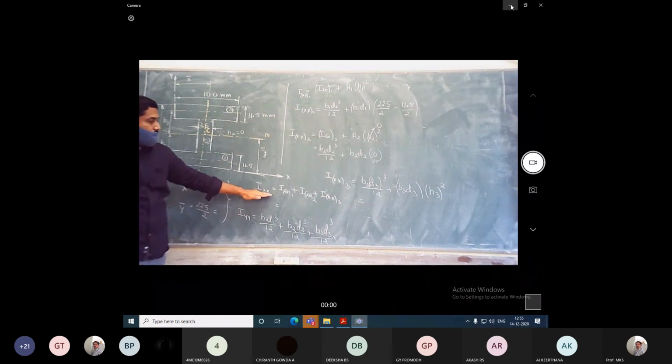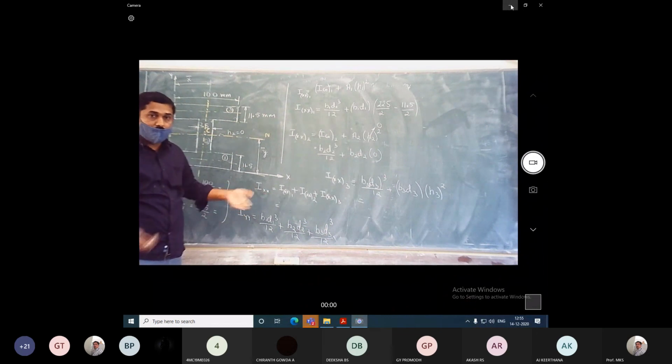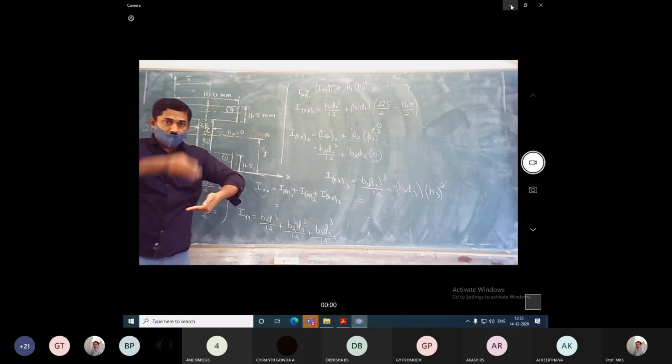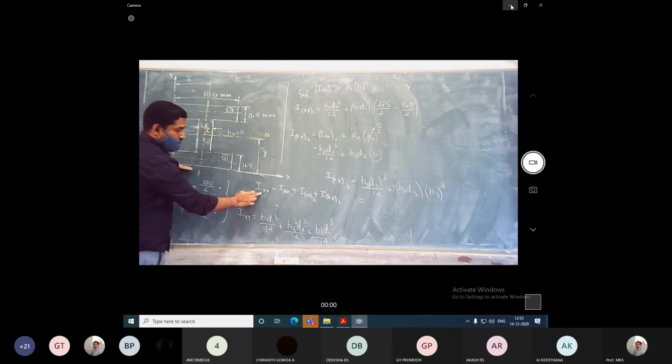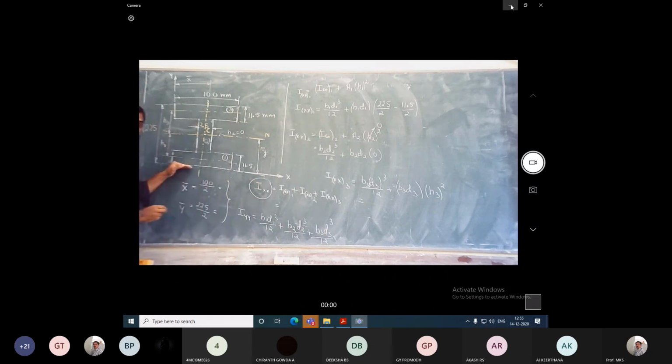We are only considering the moment of inertia with respect to the x-axis, since the beam is bending with respect to the vertical. So we consider only the I-axis with respect to the x-axis, as the reference, for unsymmetrical as well as symmetrical sections.